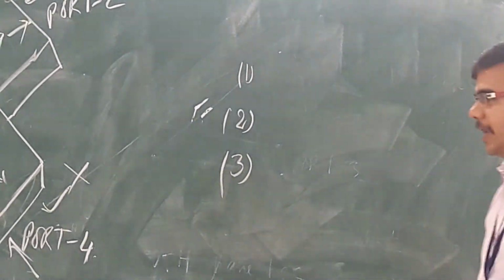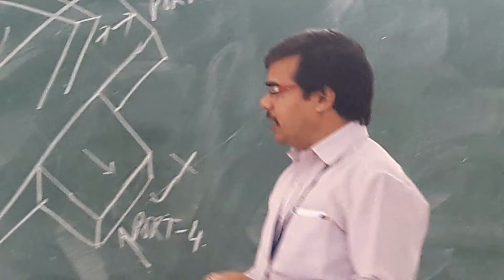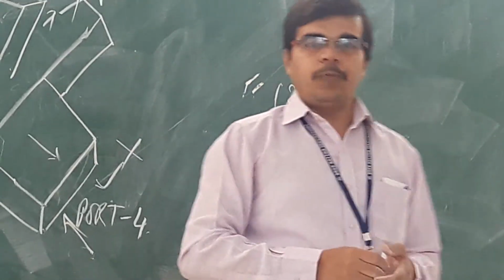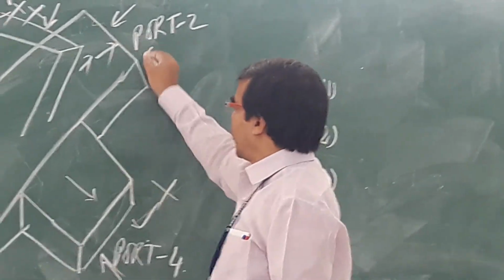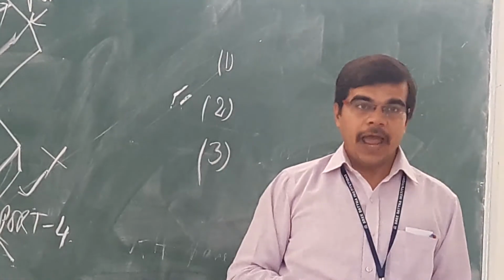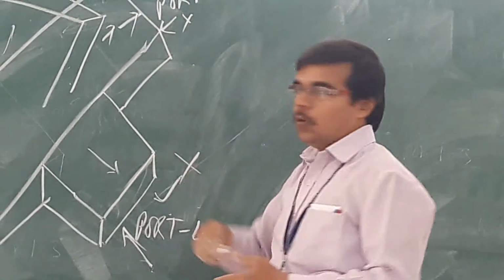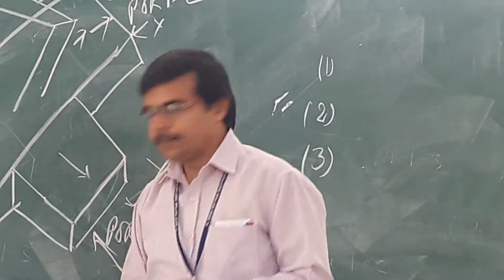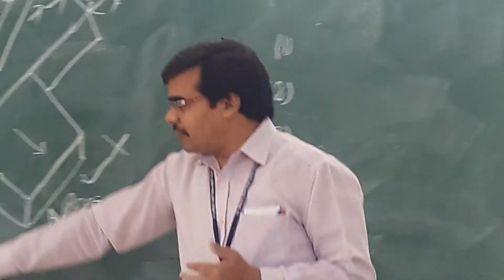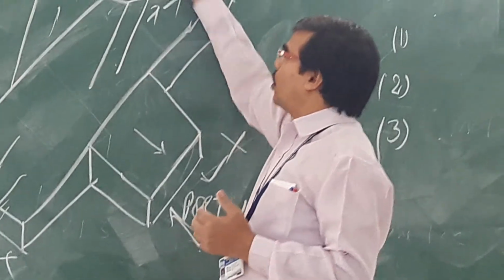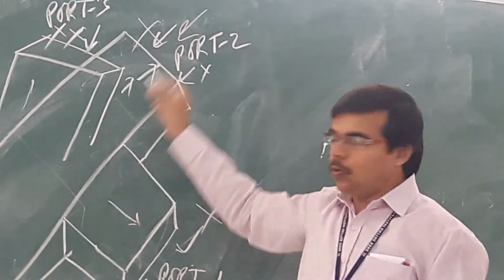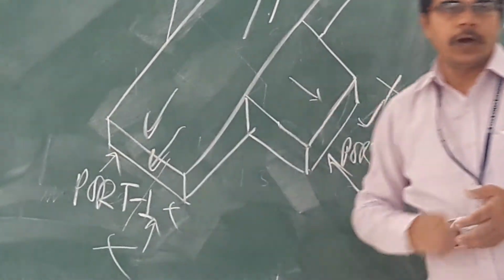And finally, if we are giving power at either port 1 or port 2, we will not get power at port 2 or port 1, means the opposite port. If we are giving power at port 1, we will not get power at port 2, and if we are giving power at port 2, we will not get power at port 1.